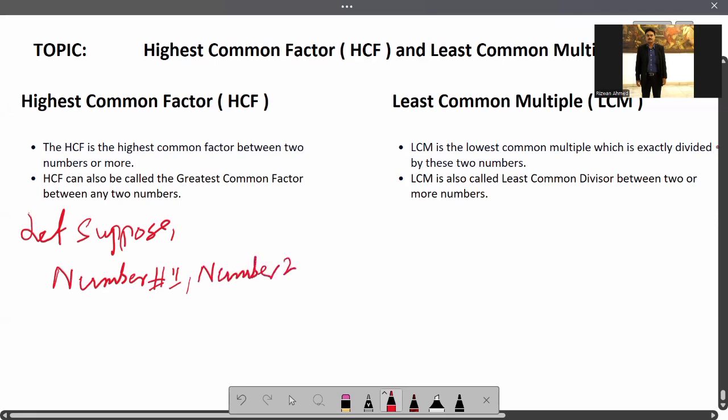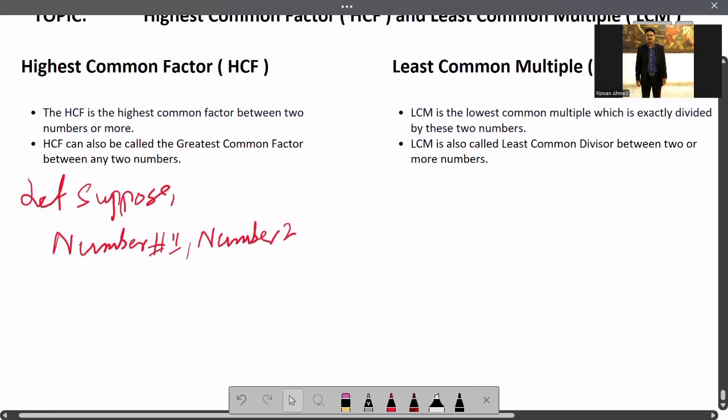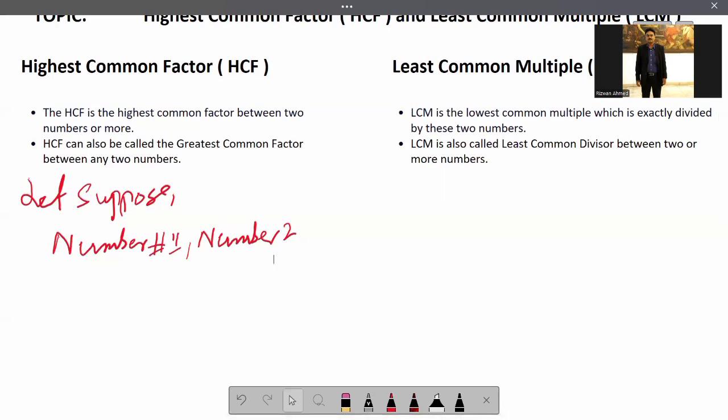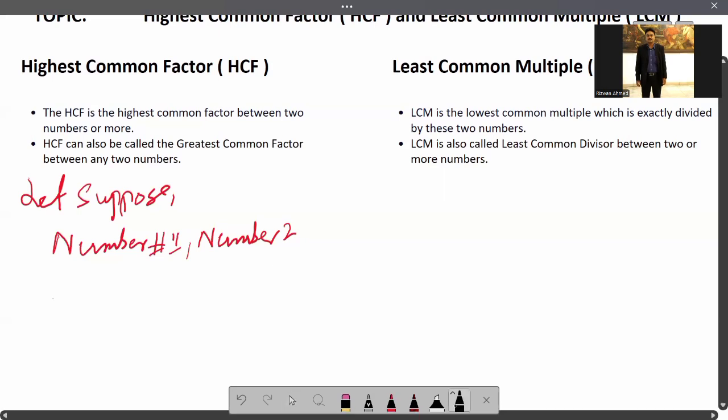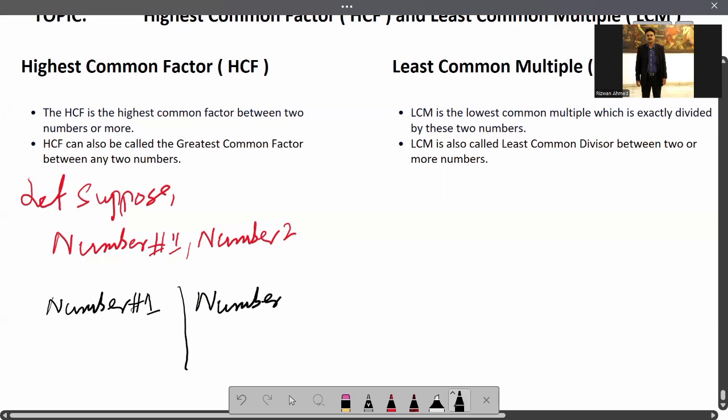When we talk about the highest common factor between these two numbers, we have to check, and for this we have a formula. Both numbers will be exactly divisible by the HCF.